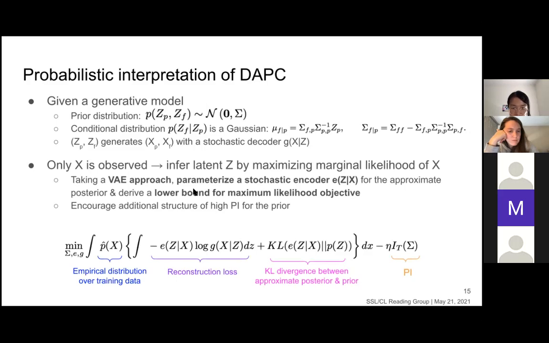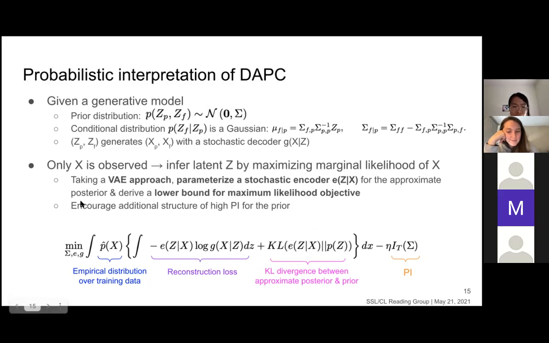So this is the final objective if we take the probabilistic interpretation of DAPC. But they did not really give us a detailed derivation of how they reach this final objective. If anyone of you here is familiar with VAE, I'm happy to work with you to figure out how they reach this.